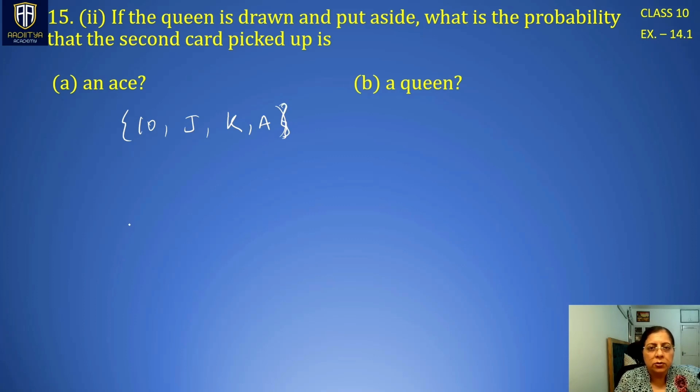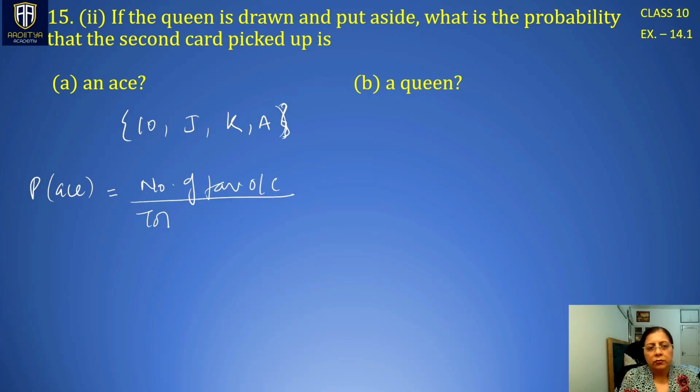Now, if the Queen is drawn and put aside, what is the probability that the second card picked up is an Ace? So, the probability of drawing Ace is what? Number of favorable outcomes upon total number of outcomes. So now we are left with these 4 cards.